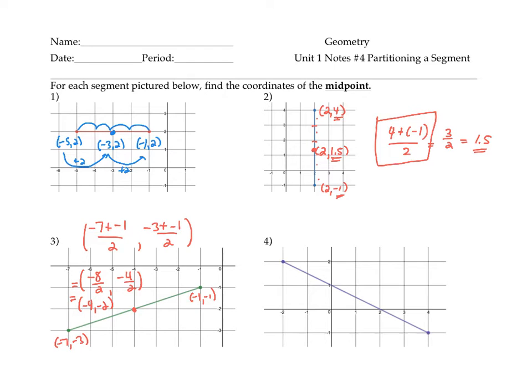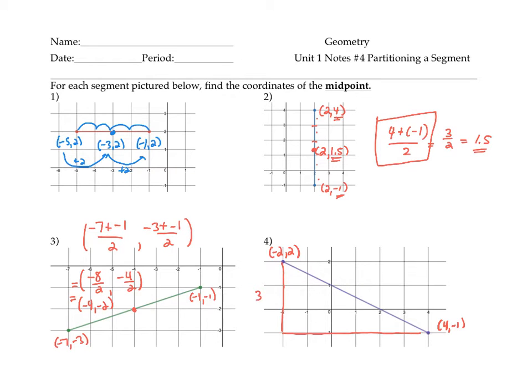All right, and the fourth one, check out those two endpoints, -2, 2, and 4, -1. And if you notice, if we were going to do this by counting, we go down 3, and to the right 1, 2, 3, 4, 5, 6.